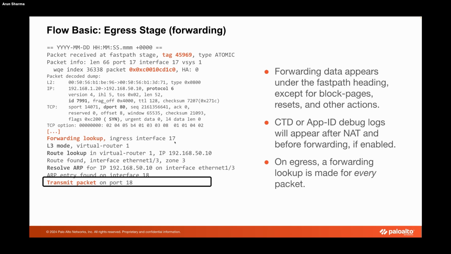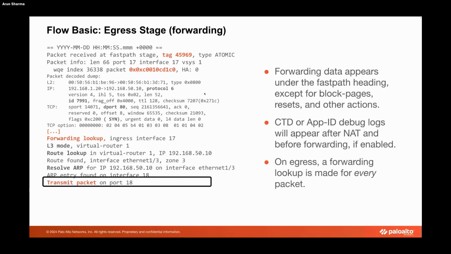It found ingress interface 17, and it is telling us L3 mode, virtual router 1. So this is the virtual router we are using. Route lookup is happening in virtual router 1, IP 50.10. This is where we are trying to go. Route found, interface Ethernet 1/3, zone 3. We are resolving the ARP also for that, and then we transmit the packet on port 80.